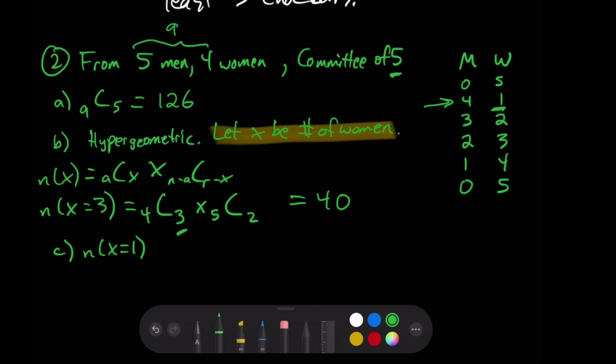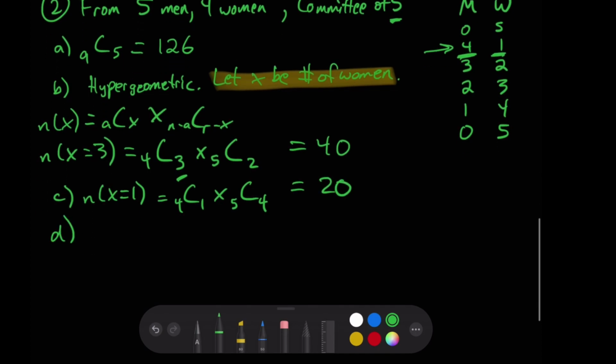We could define success as being a man. That could be our X value. That's fine, but I'm not going to do that. All right. So for the women, how many women am I choosing from? Still 4, choose 1 times the men. There are 5 men left to choose from, and we're choosing 4 men, like we see here. Let's plug it into our calculator. 4 choose 1 times 5 choose 4 is going to give us 20.